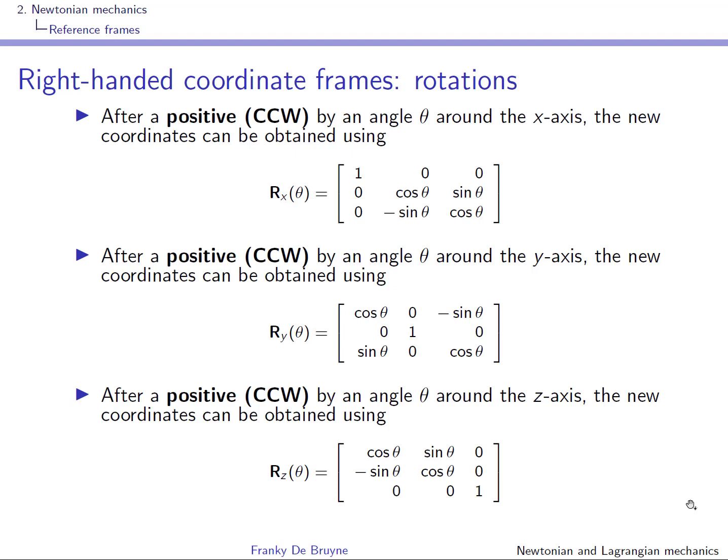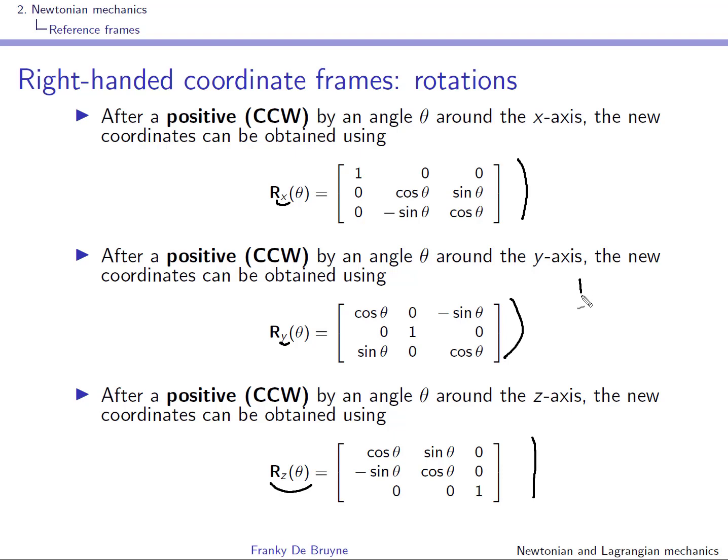Well, we've seen that the rotation matrix, when you turn around the z-axis, is Rz theta. This is what we've seen in the previous slide. Of course, you can turn around the x-axis, then you have this rotation matrix, or around the y-axis, then you have this matrix. Okay, well, let us see if we can find this rotation matrix.